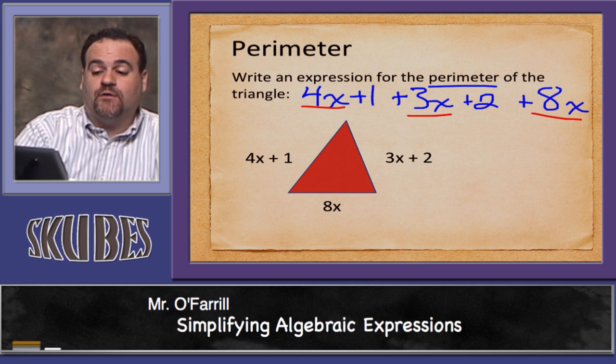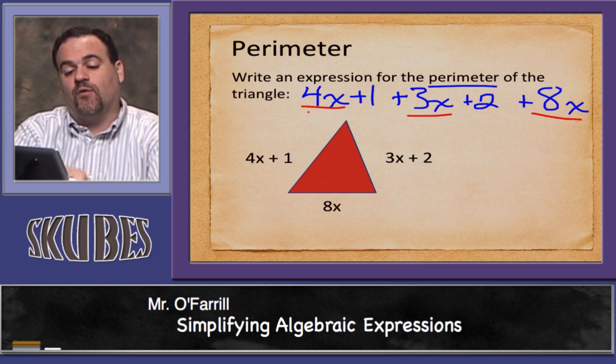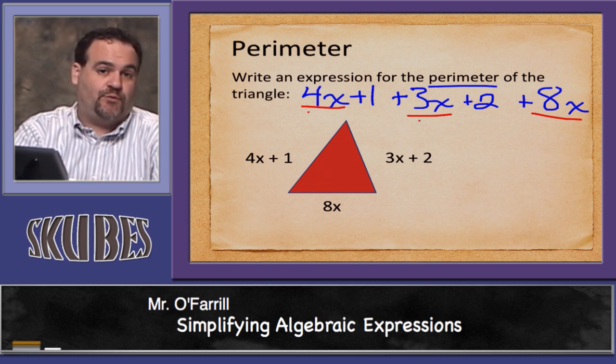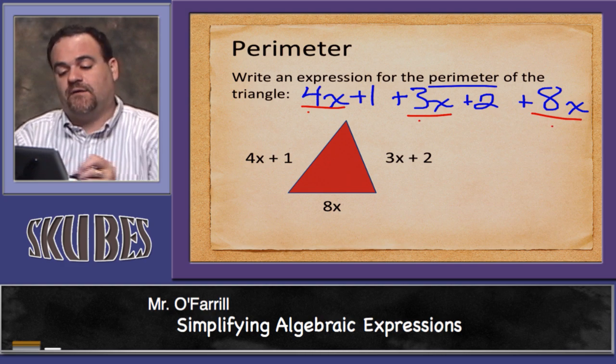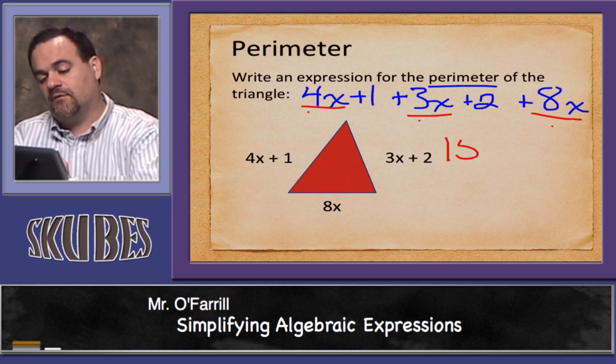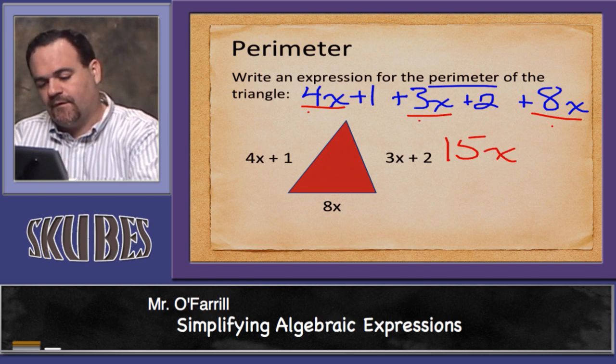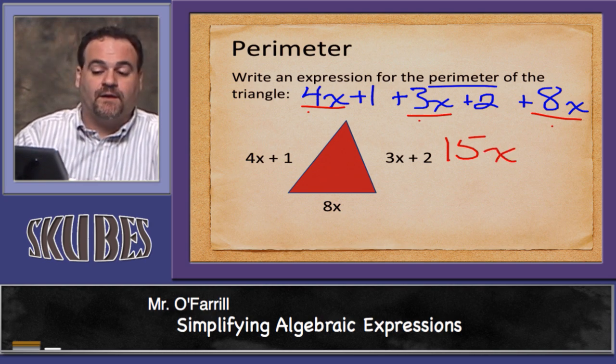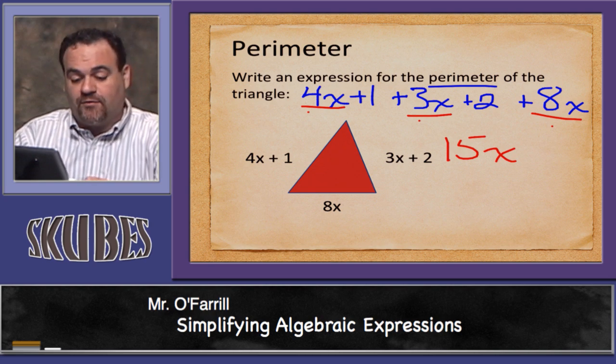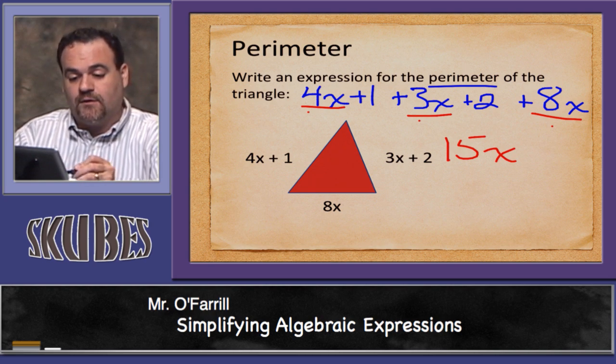So let's add those coefficients together. We have 4 plus 3, which is 7, plus 8, which is 15. 15 what? 15x.